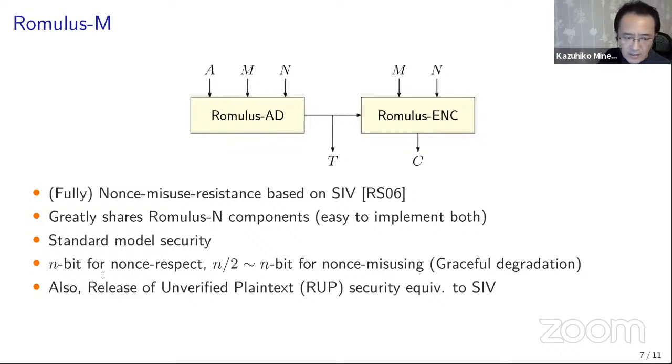More specifically, it has n-bit security under the nonce-respecting adversary, and n/2-bit to 2n/3-bit security for a nonce-misusing adversary, depending on the number of repetitions in the encryption queries. This property is also called graceful degradation, which is a very good property for misuse-resistant AE. We also announced that it has release of unverified plaintext security equivalent to SIV.